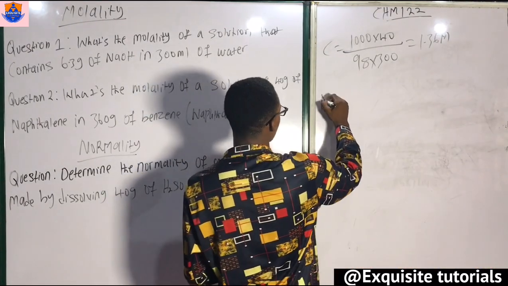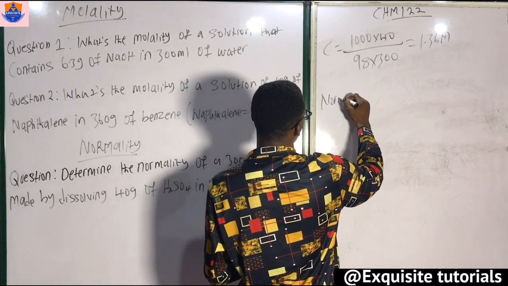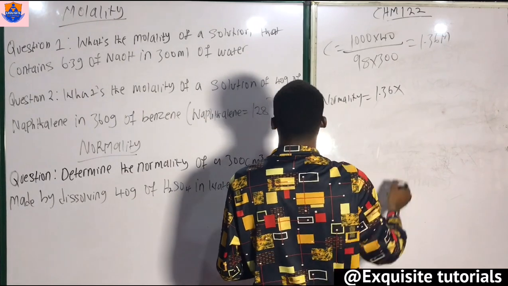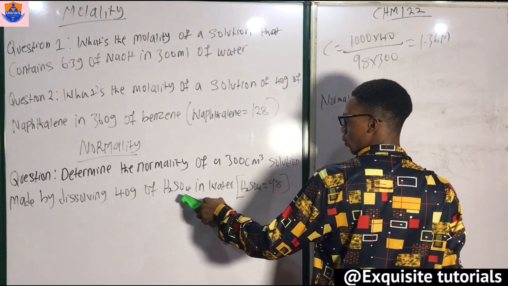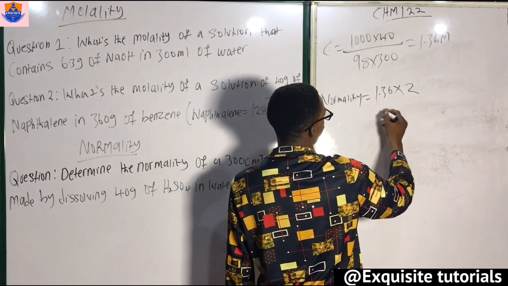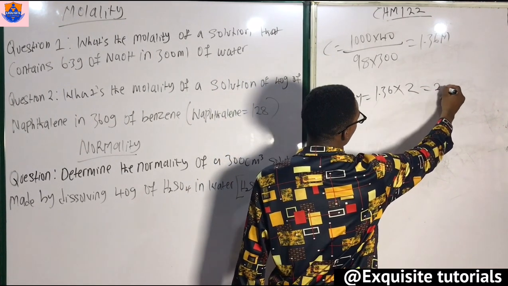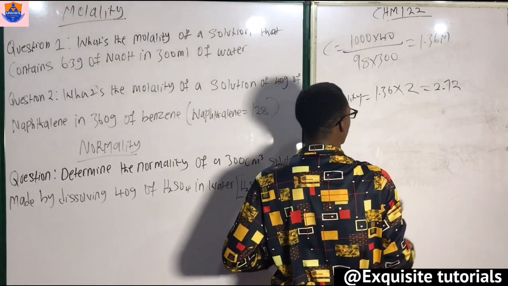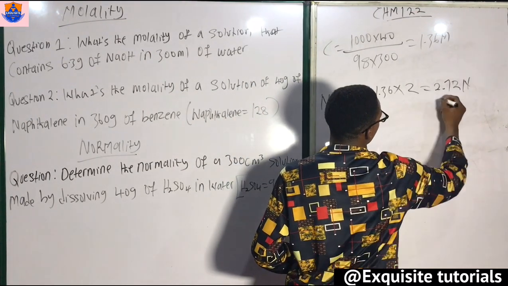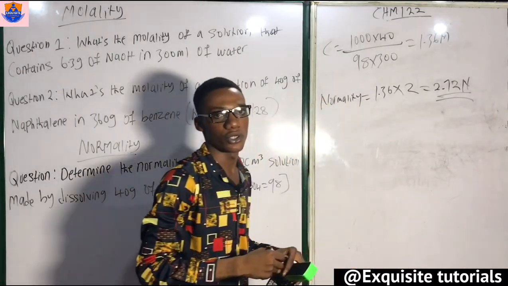Normality should be the molarity, 1.36, times the basicity of H2SO4. H2SO4 will be times 2. So this should give us 2.72 normal. Now this is the answer for this question.